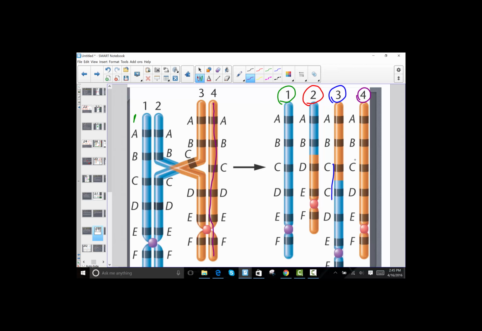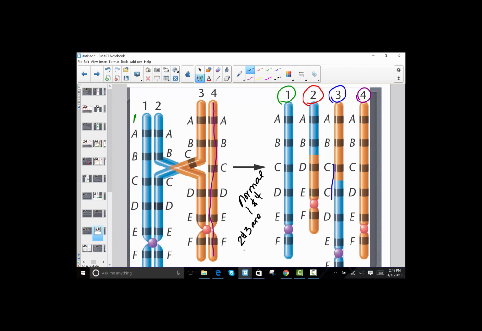So our 2 normal chromosomes are actually going to be 1 and 4. But 2 and 3 are abnormal.